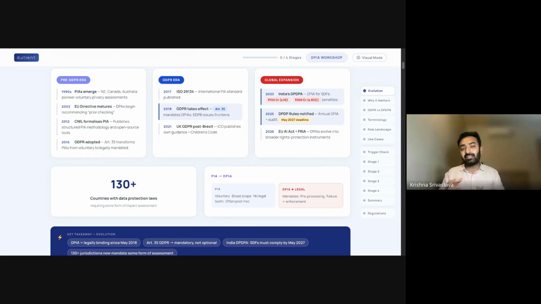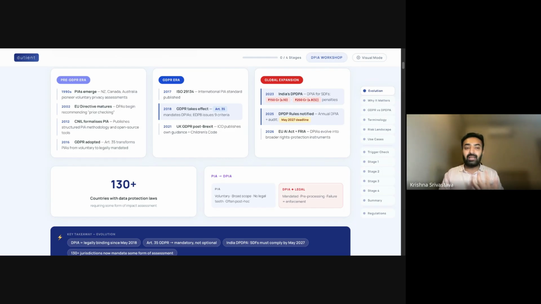They do it because it's more of a compliance exercise, but at the same time, it goes against the very concept and principle of a DPIA, which should be done when the processing activity is not initiated, so that an individual or a company can understand that these are the privacy risks that may be there to the rights of data principals or data subjects. So a DPIA ideally should be done before the processing activity is started, but we notice that it's typically done post facto or after the processing activity has been initiated.